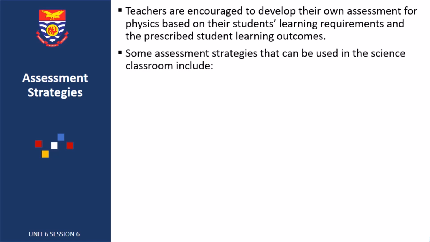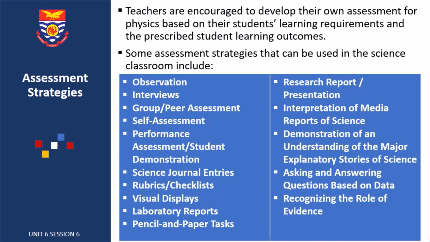Some assessment strategies that you as a teacher can use in the science classroom include observations, interviews, group or peer assessment, self-assessment, performance assessment or student demonstration, science journal entries, rubrics or checklists, visual displays, laboratory reports, pencil and paper tasks, research report or presentation, interpretation of media reports of science, demonstration of an understanding of the major explanatory stories of science, asking and answering questions based on data, and recognizing the role of evidence.